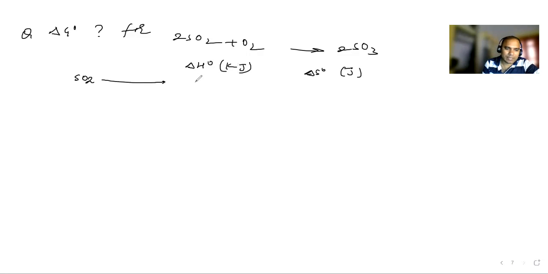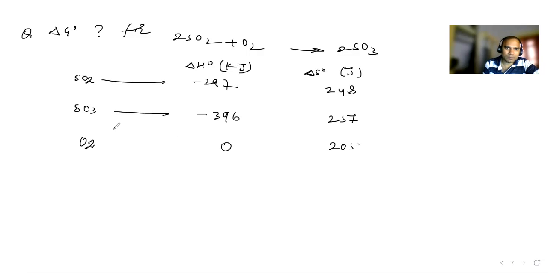For SO2 it is minus 297 and 248. For SO3, minus 396 and 257. And for O2, this is 0 and 205. So these are the values.